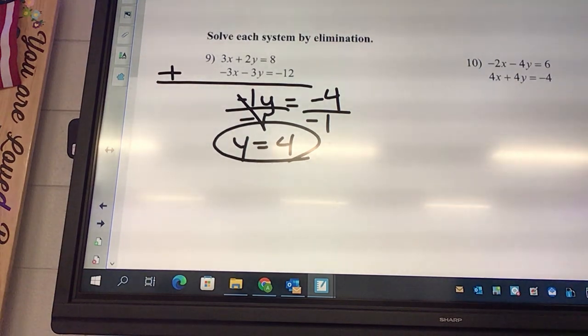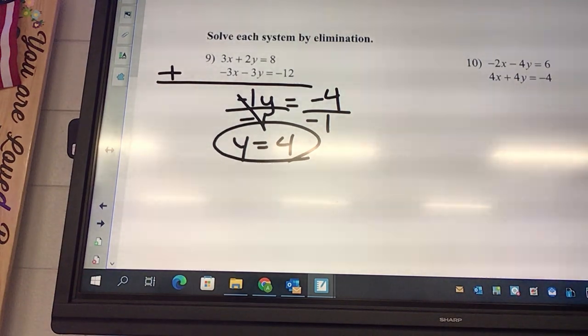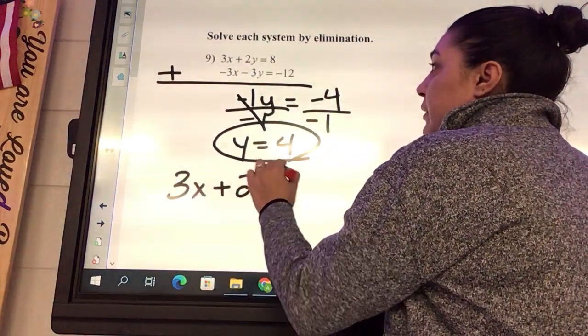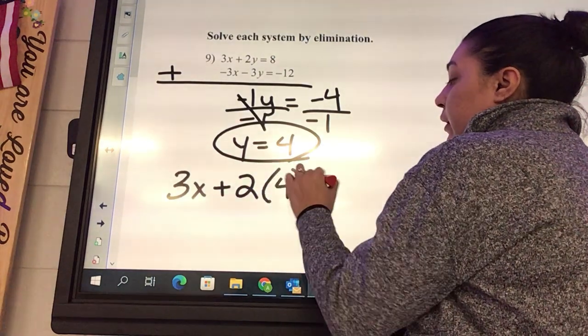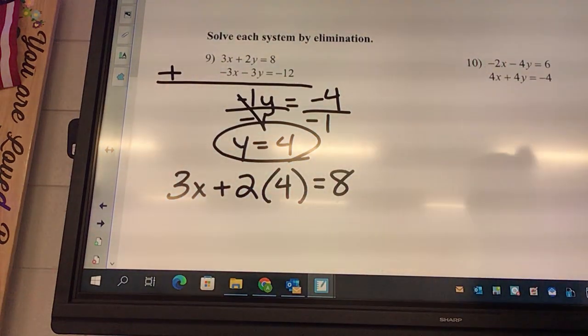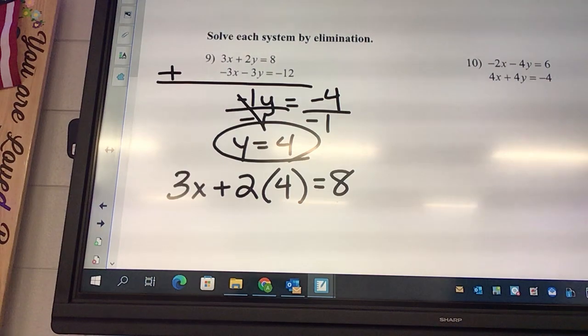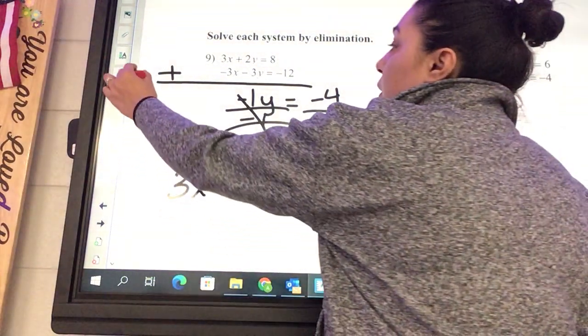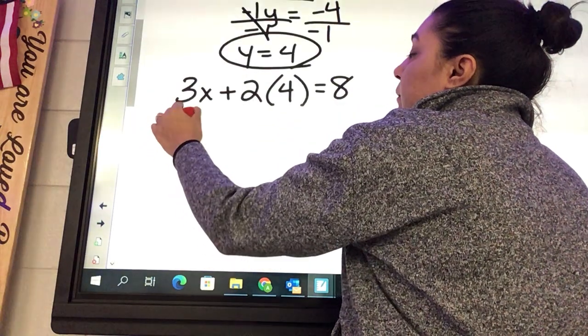Which equation do you wanna plug it into? 1? Okay, so we got 3x plus 2, and instead of y, I'm writing 4 equals 8. Okay, what is 2 times 4? 8.